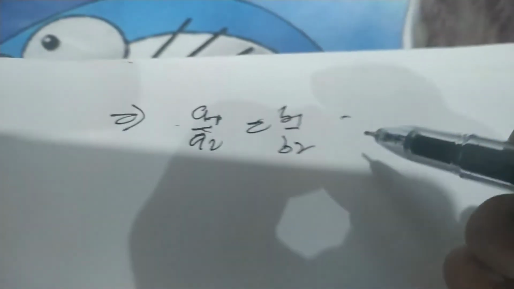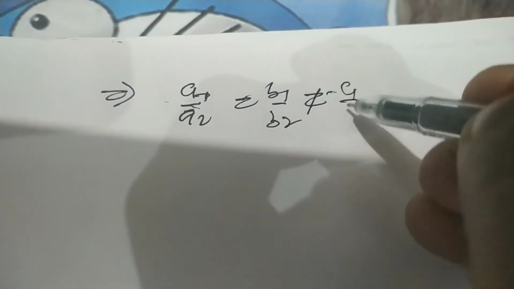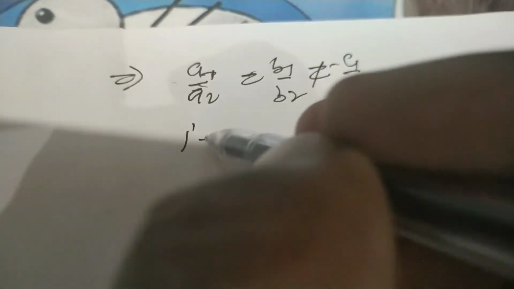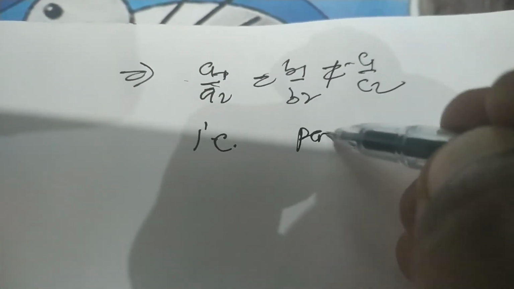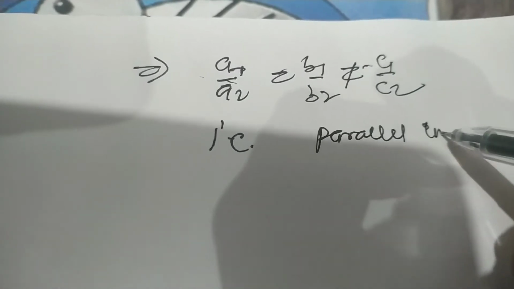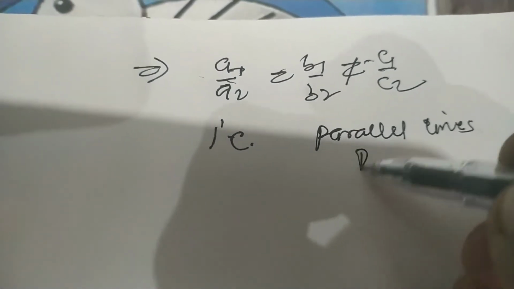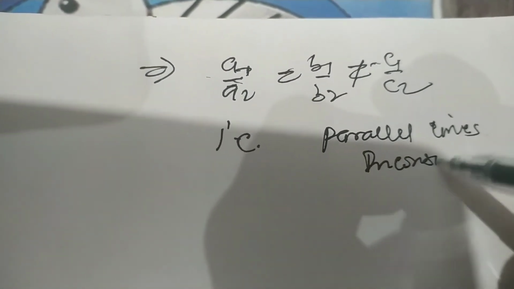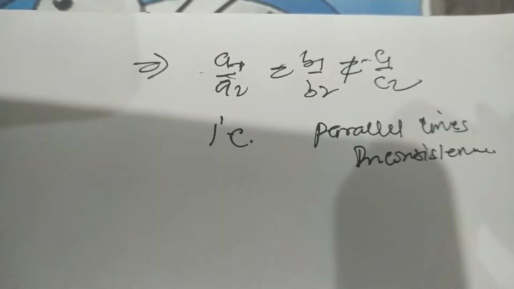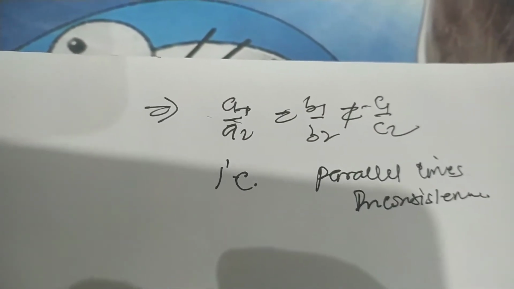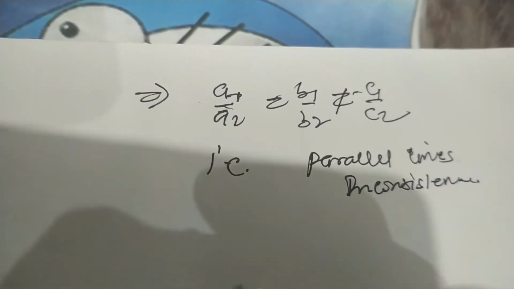This implies that a1/a2 is equal to b1/b2 but not equal to c1/c2. That means these are parallel lines and this is inconsistent. So there is no common solution; we cannot solve these two equations for a common solution.